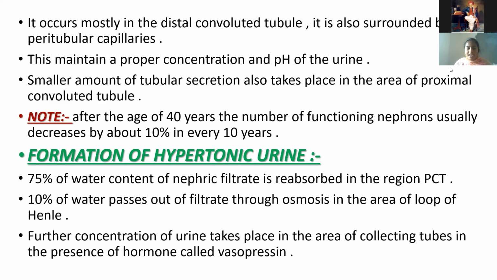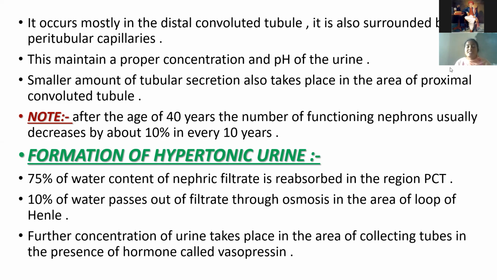Our body contains 70% to 75% of water content. It is a nephric filtrate, and it is reabsorbed in the region of the PCT. That means the primary urine is filtered in the glomerulus. The primary urine passes through the proximal convoluted tubule, and the useful substances are reabsorbed in the PCT region.